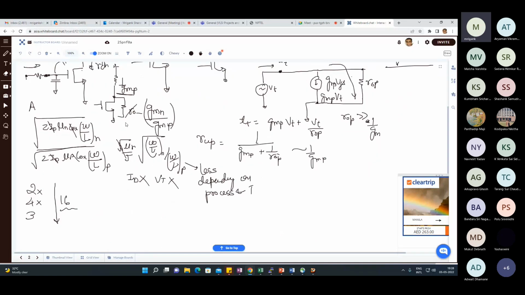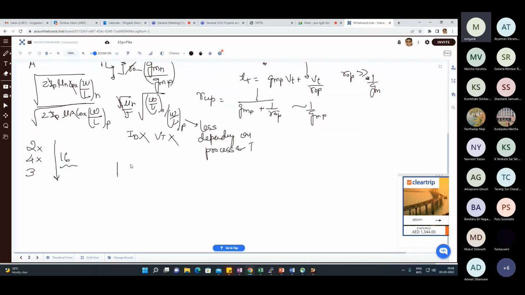Remember the concept: if you have multiple stages and multiple nodes, and at each node we find the net R equivalent and C equivalent between this node and ground, then we can simply write down our expression in terms of the C equivalent and R equivalent.